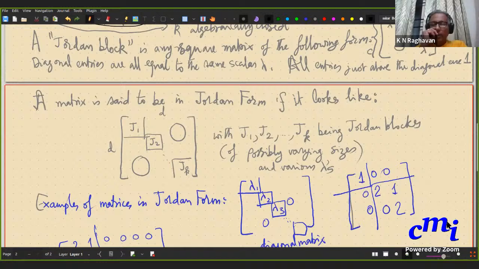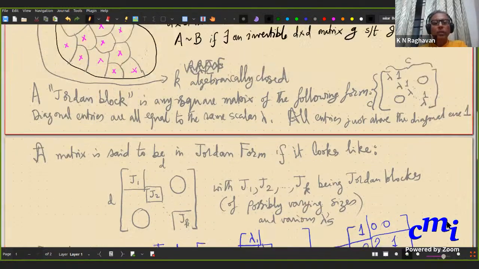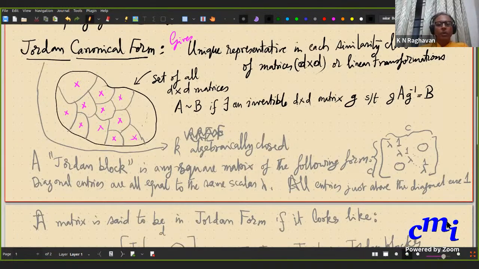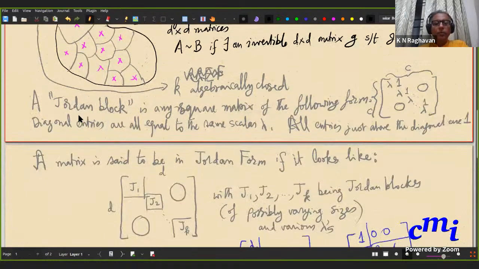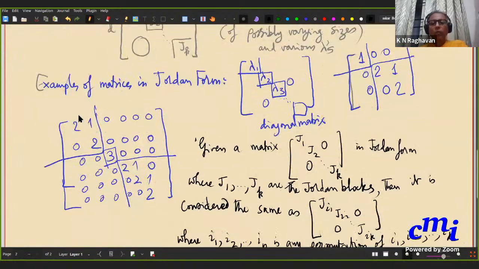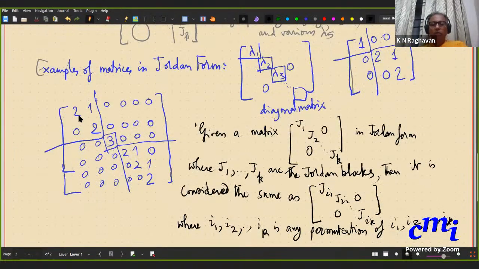So then here is now the theorem. Now see, what is so special about Jordan canonical form? We have now defined what it means for a matrix to be in Jordan form. It must consist of Jordan blocks. That is one.